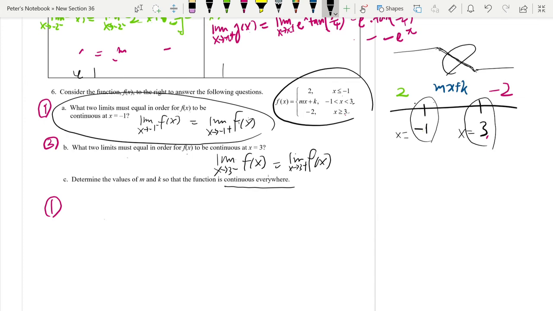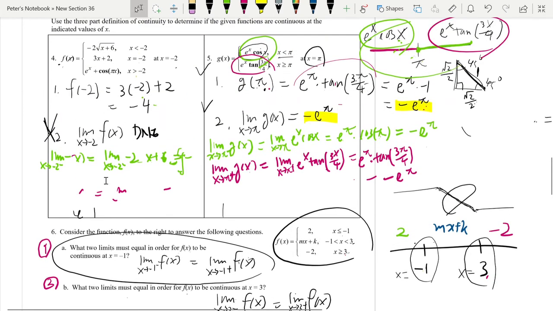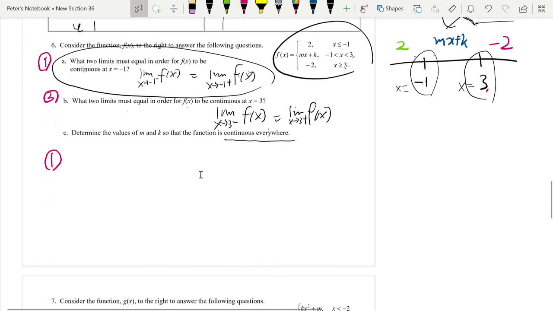So continuous means it has to satisfy all these three conditions, right? So not only does the limit exist, but we have to add something else here. It should actually equal to f of -1 in this case. And in this case, it would be f of 3, right?